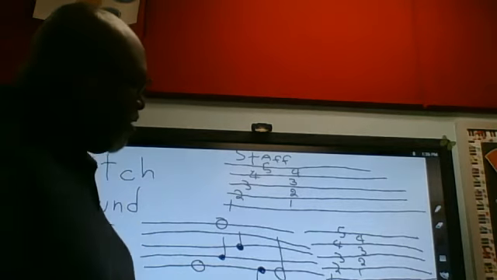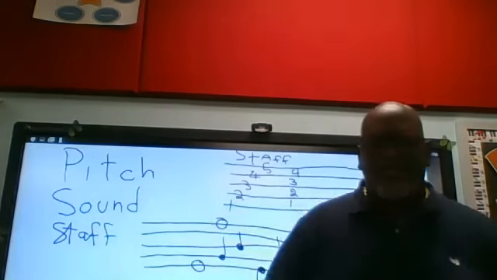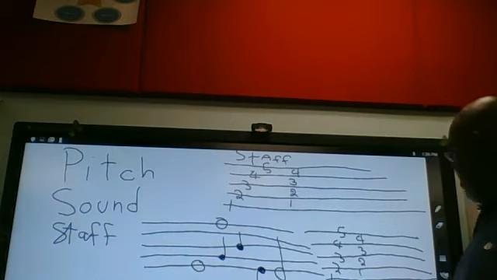All right. Another thing I want to talk to you about. Let's come over here and let's clean the board. Bam. That was cool. Did y'all see that? There's something else I want to talk to you about. There's a symbol in music that represents high sounds. That symbol, boys and girls, is called a treble clef.